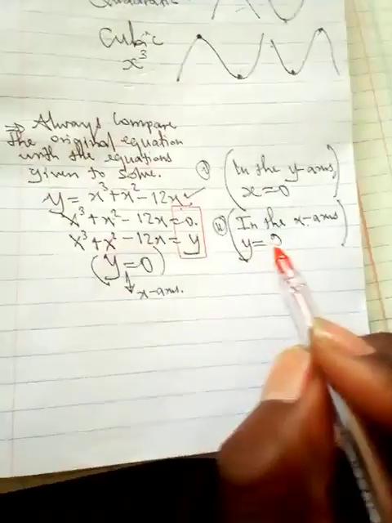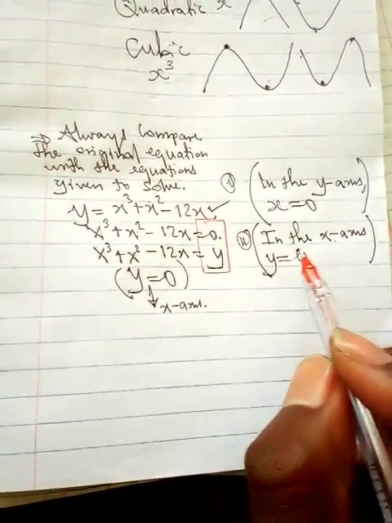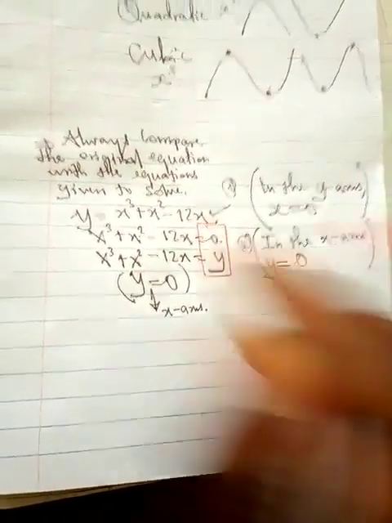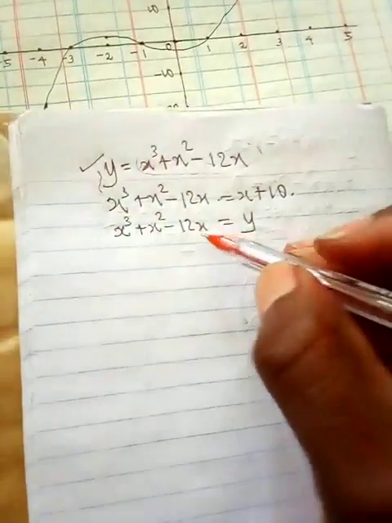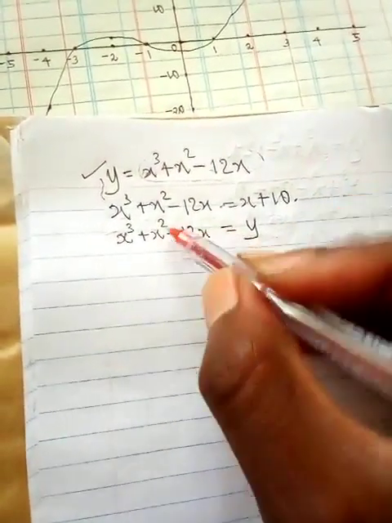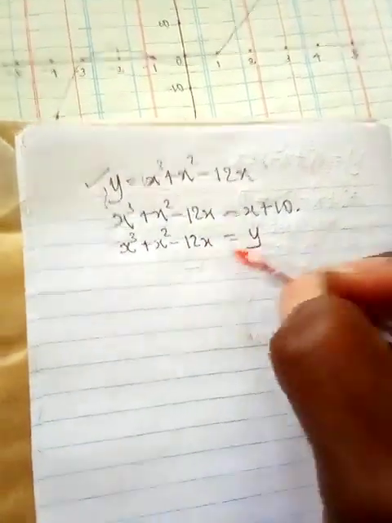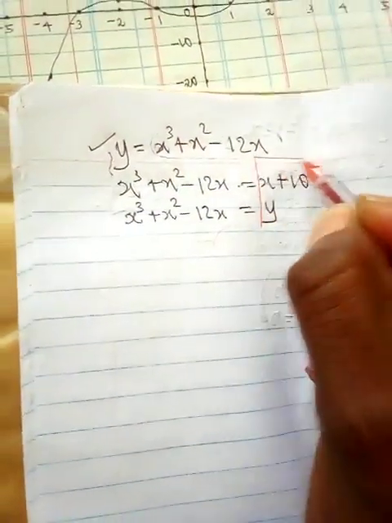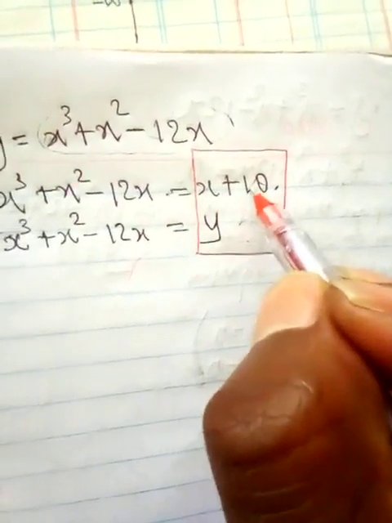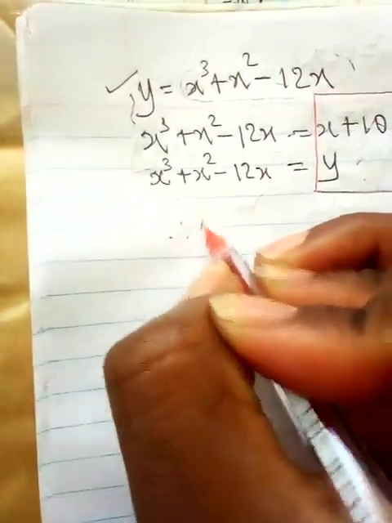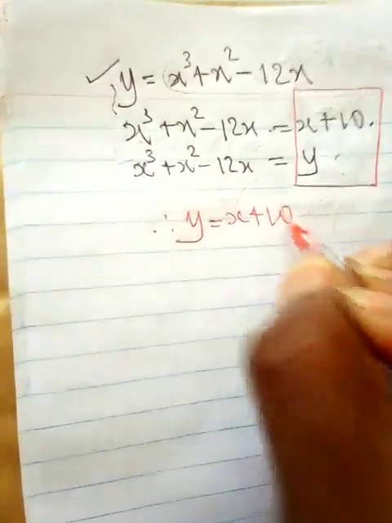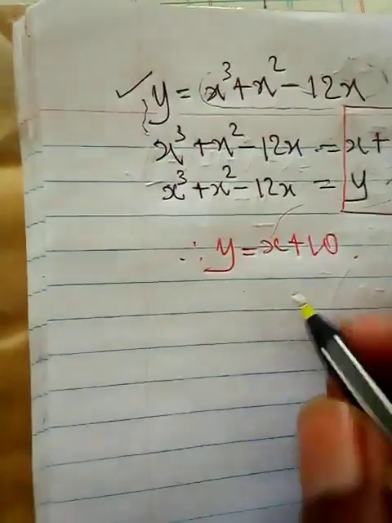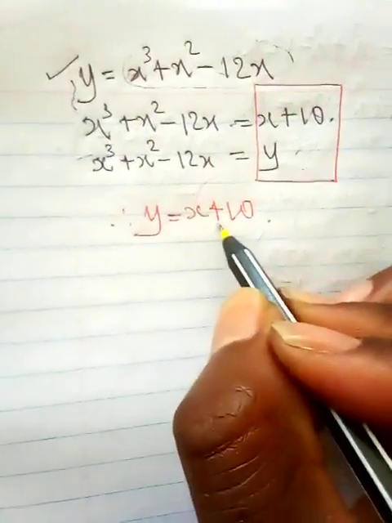And we said that it is only in the x-axis where y is equal to 0. But if you look at this one here, you're going to see that y is not equal to 0 when we rearrange. You're going to see that y is going to be equal to everything here. Y is equal to x plus 10. This is what we have seen.